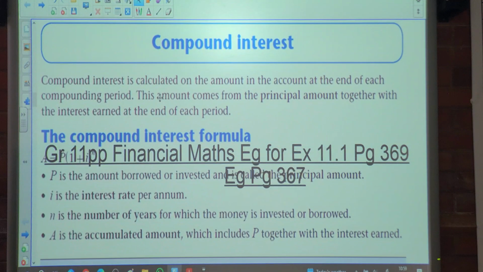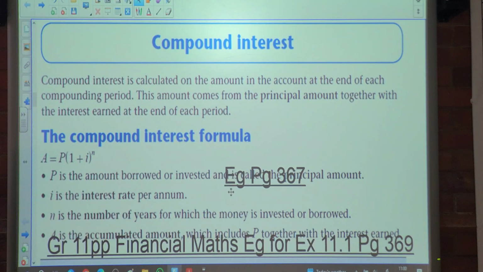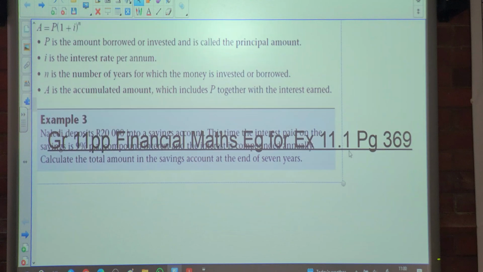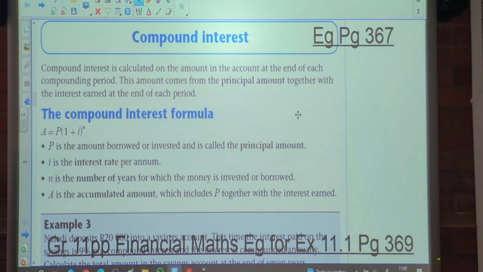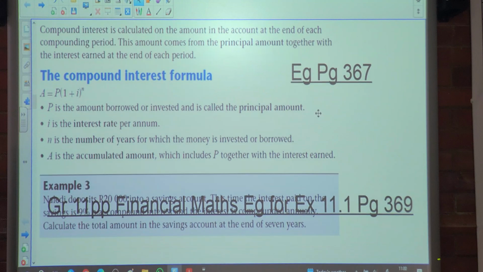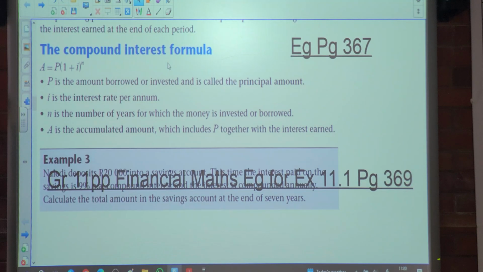Compound interest. Here we are told that compound interest is calculated on the amount in the account at the end of each compounding period. The amount comes from the principal amount together with the interest earned at the end of each period.